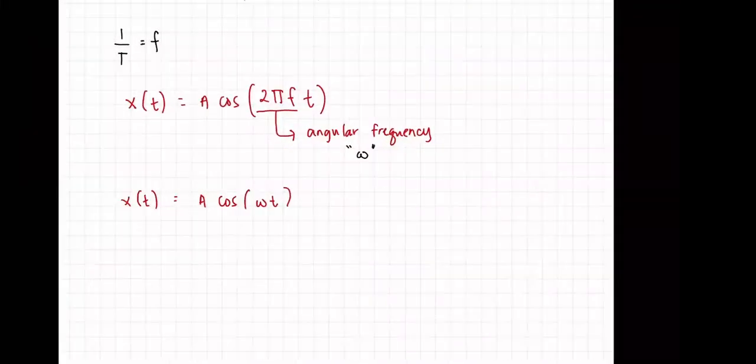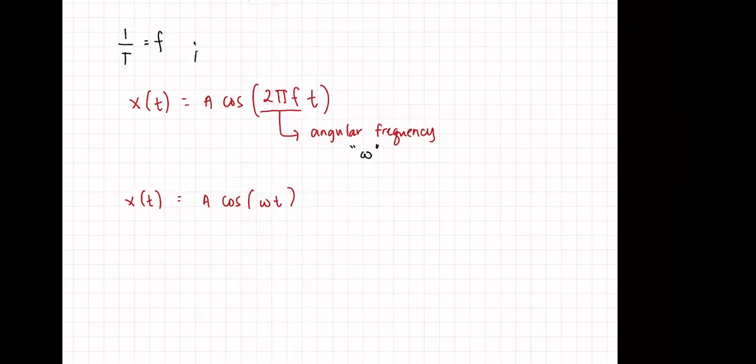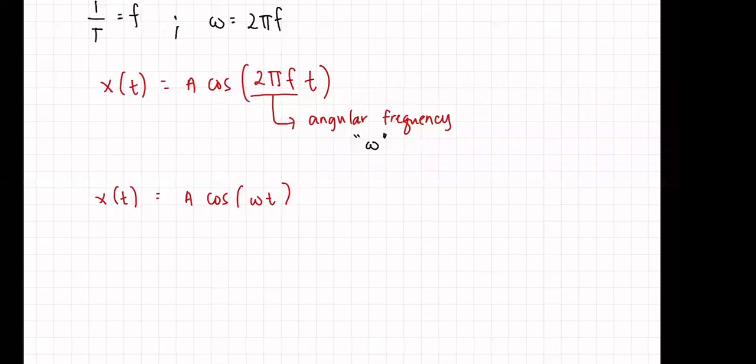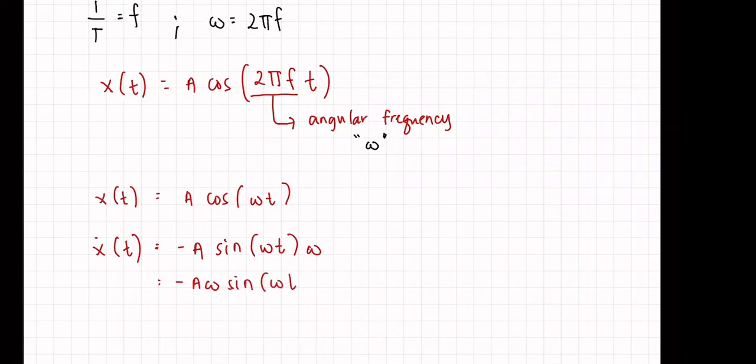So, may dalawa tayong formulang nakuha, no? So, omega is equals to 2 pi f. Okay? So, kung ganyan na lang yung displacement equation natin, yung first derivative natin will be negative A sine of omega t times omega, okay? Or negative A omega sine of omega t.